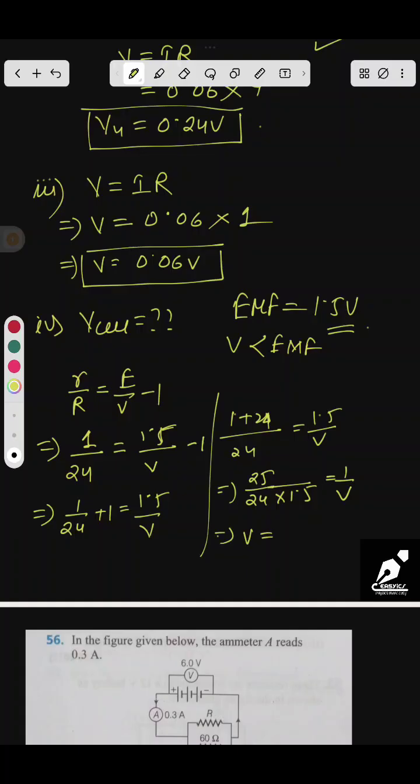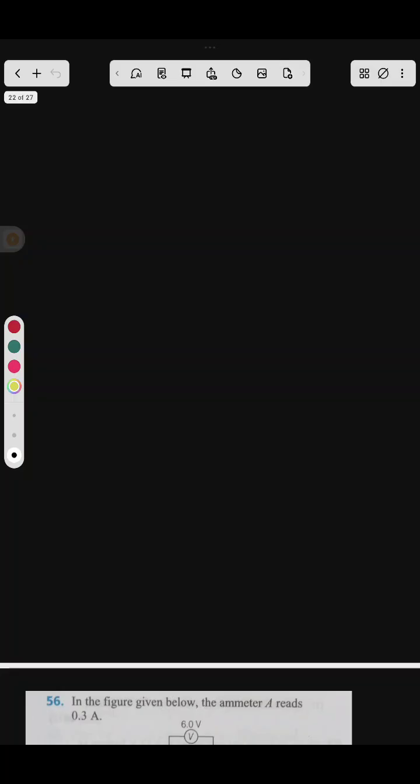So V is equal to 24 into 15, 25 multiplied by 10. The 10 comes because of the decimal, right?